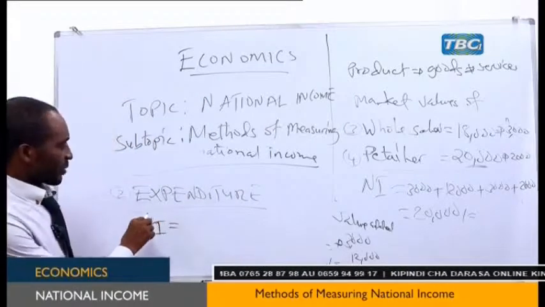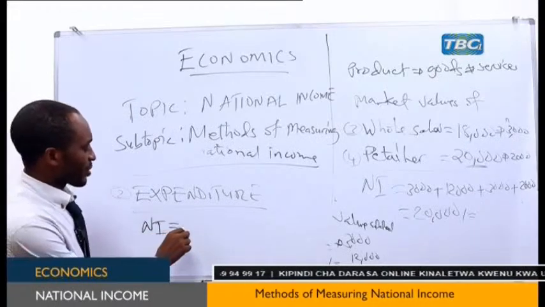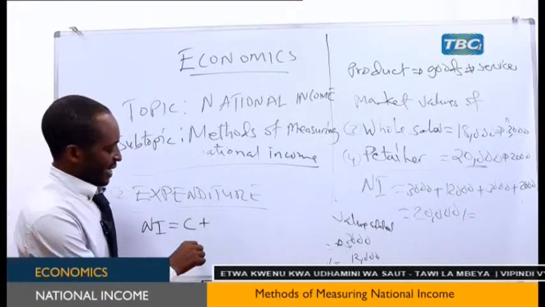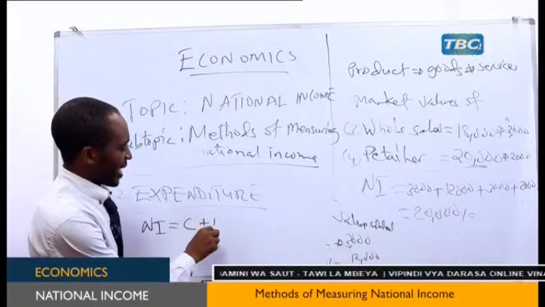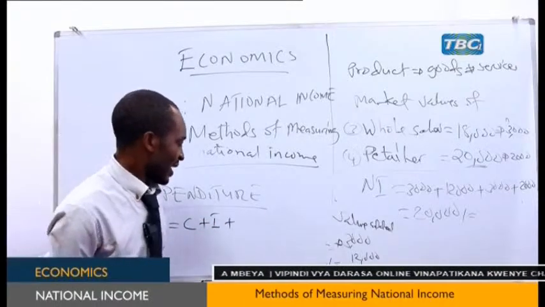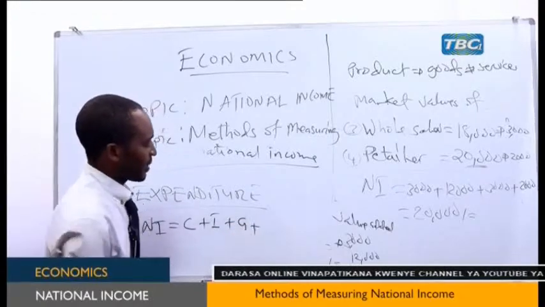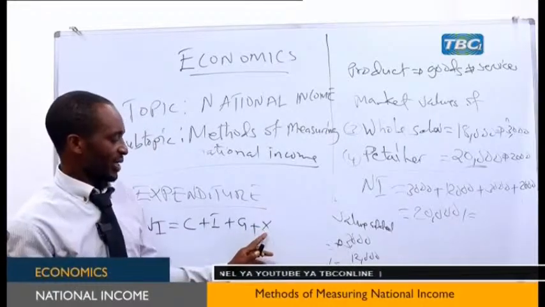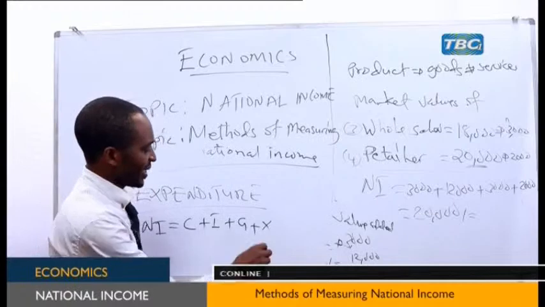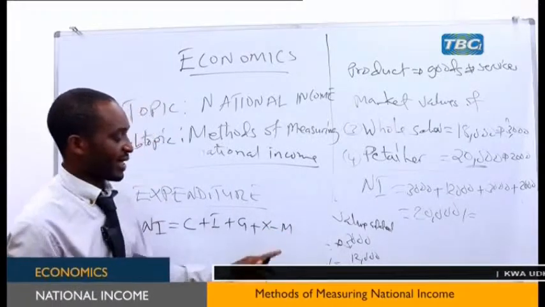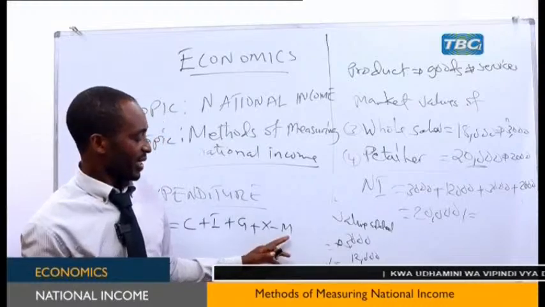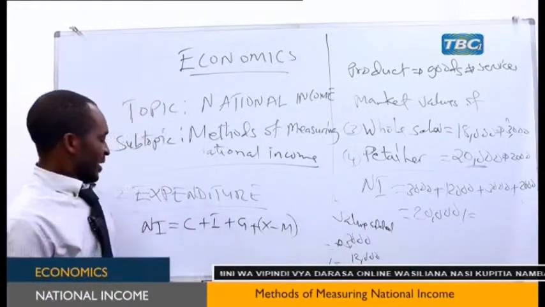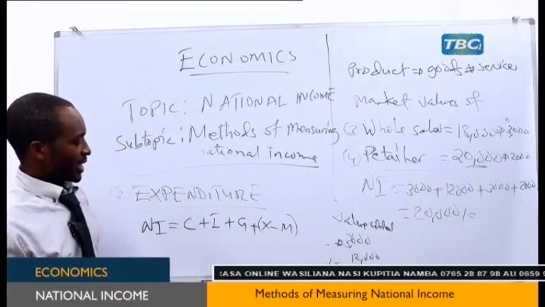So when you are asked to calculate the national income by the expenditure method, you take the consumption expenditure of households, which is C, plus the expenditure of private investment, which is I, plus government spending, G, plus X, which is the goods foreigners buy from our country, and you minus M, which is the imports, that is the goods and services we import from other countries.